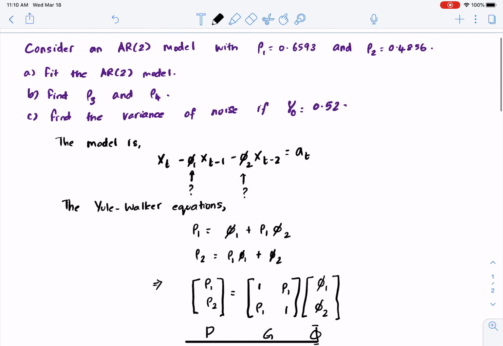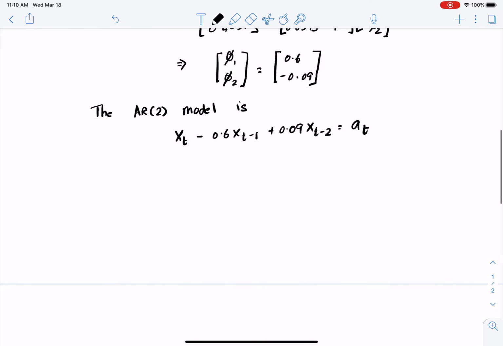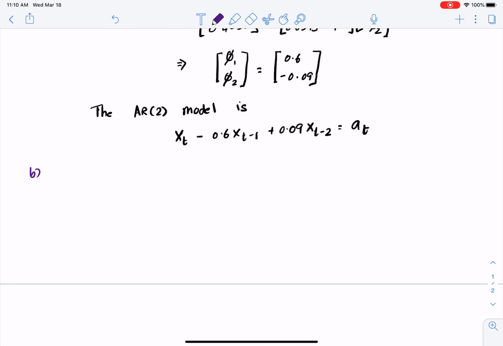Now we have to find rho 3 and rho 4 in part B. Obviously what we have is rho 1 and rho 2. We do not have rho 3 and rho 4. So how do we get to rho 3 and rho 4?